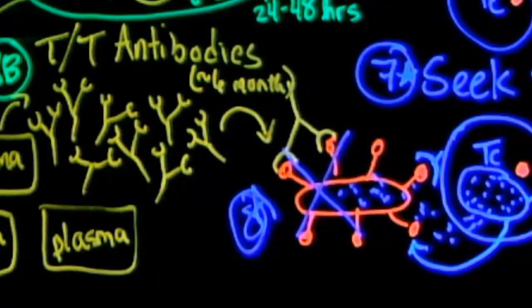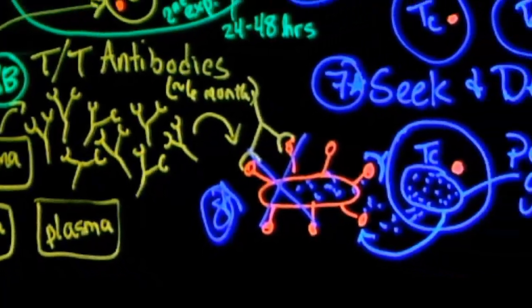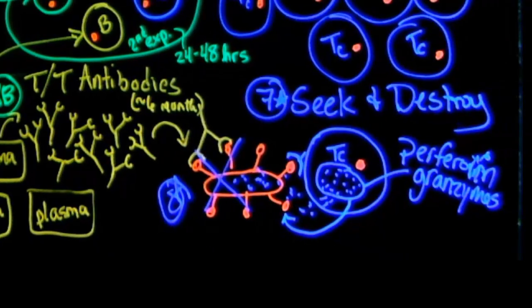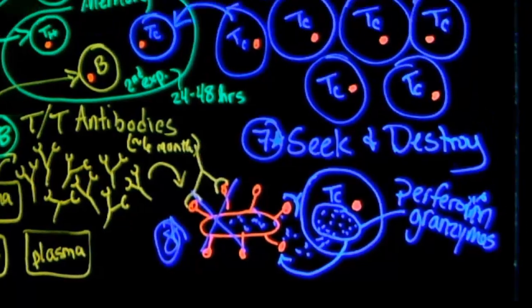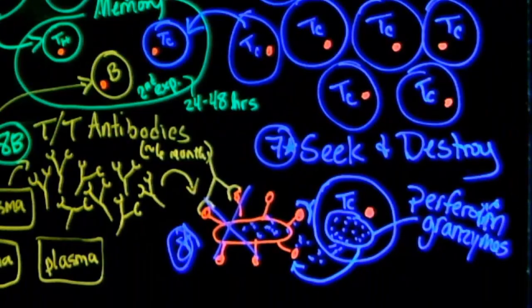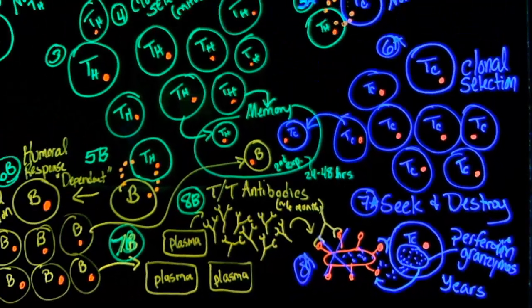But the nifty thing about the cytotoxic T cells is that all of our T cells are going to be long-lived cells. They have a huge longevity. And so these cytotoxic T cells are going to last years and be in circulation for years.